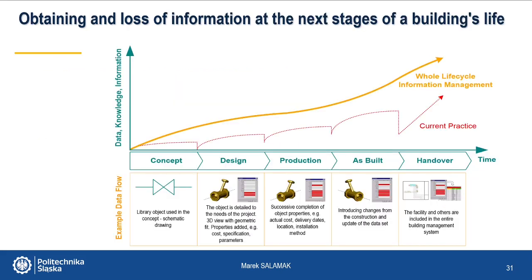In a traditional investment process, a lot of information is lost many times, which must entail certain costs. In this graph, I have illustrated the recurring necessity and loss of information at various stages of a building's life. The names of these stages and their number should be treated arbitrarily, and their selection in this case results rather from the intensity of the information flow.